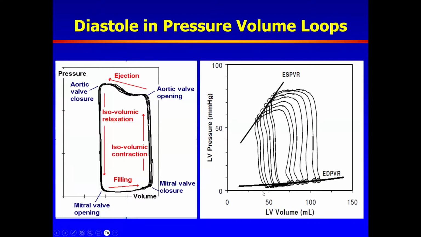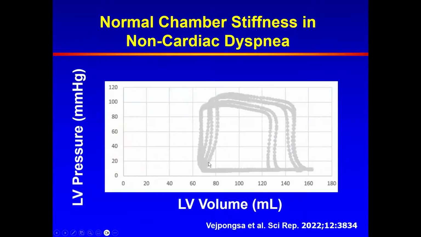As you notice here, this is a curvilinear relationship. In comparison, the end systolic pressure volume relationship is a linear one. So that's what you can refer to as the basics of assessing diastolic function.